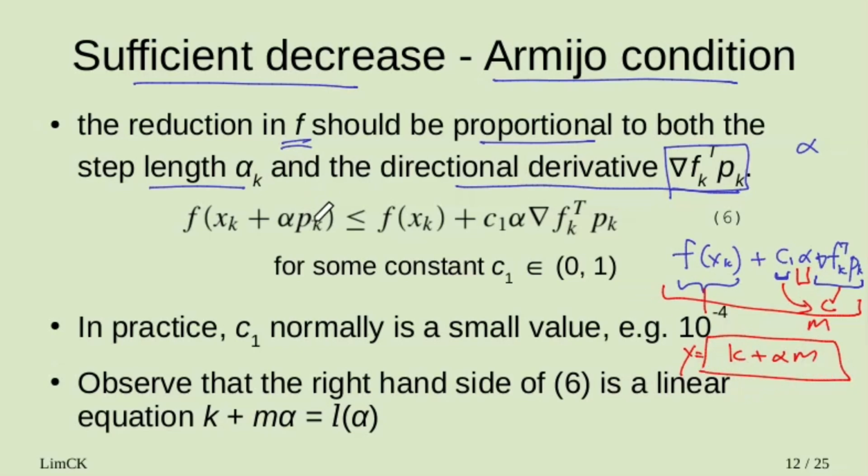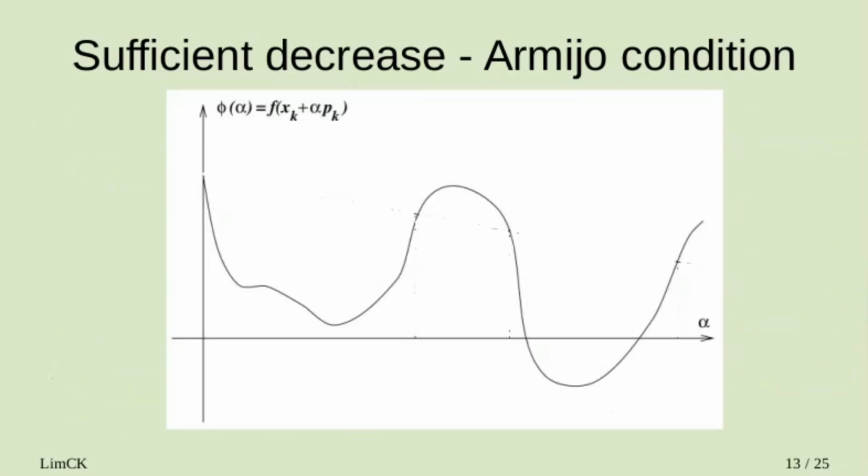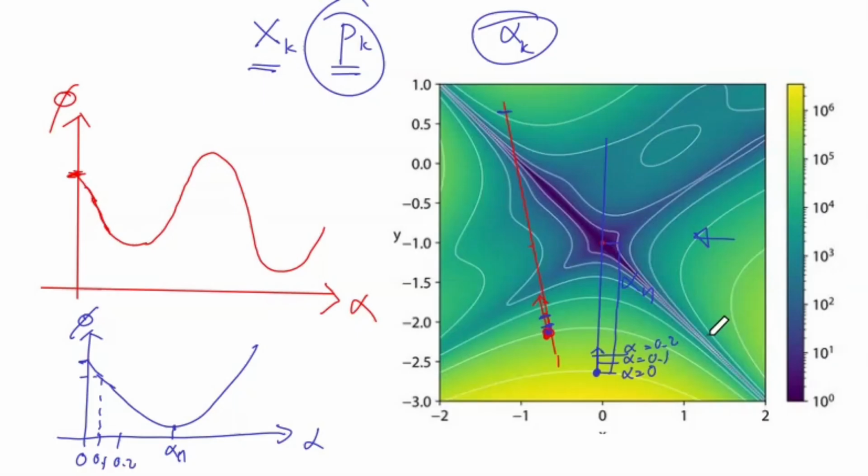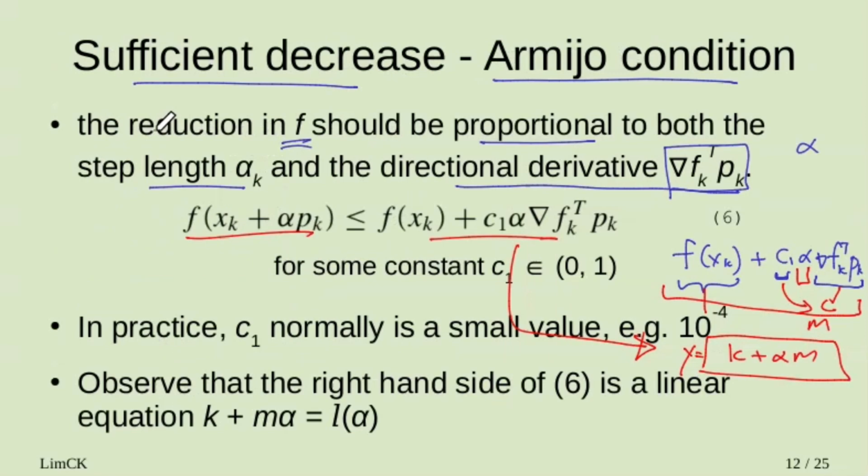So this is actually what we want here. The reduction we want is following this linear equation. Now imagine that this is the curve we have, the curve of f versus the alpha. This curve shows how the cost function changes versus the alpha we choose.